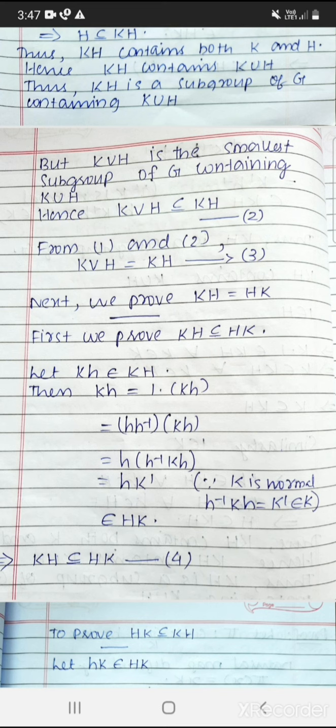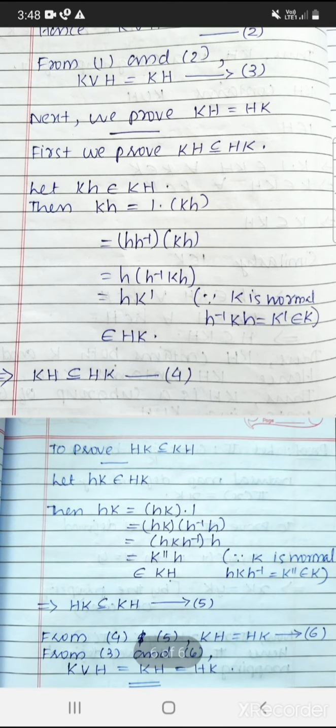Now taking h from this and grouping these remaining three elements together, that is h into (h^-1 k h). This is nothing but putting this element as k dash. So I got h into k dash, which belongs to HK. So we got the first condition, that is KH is contained in HK. This is equation number 4.